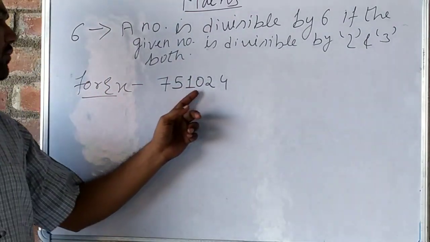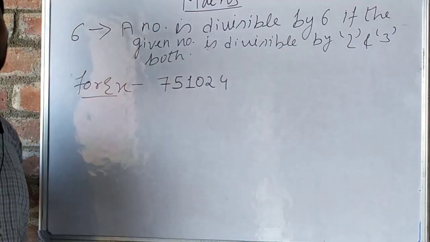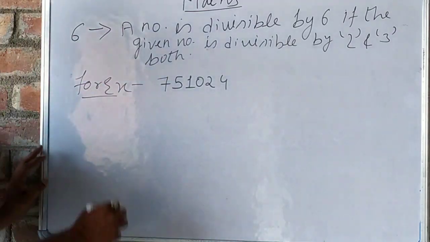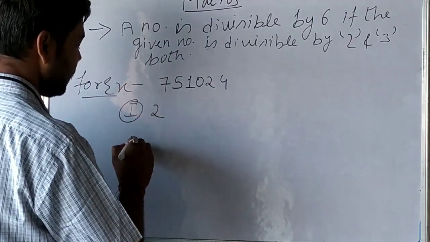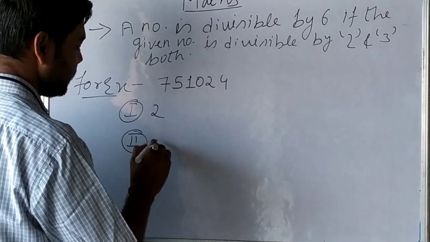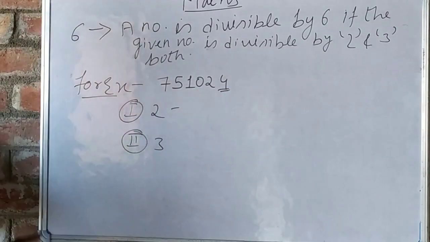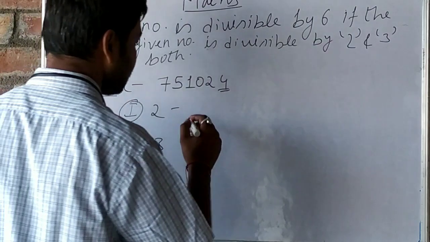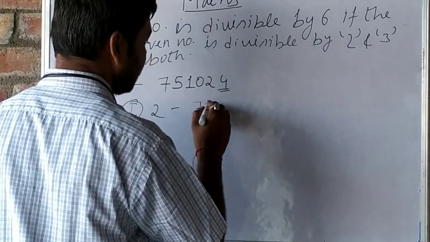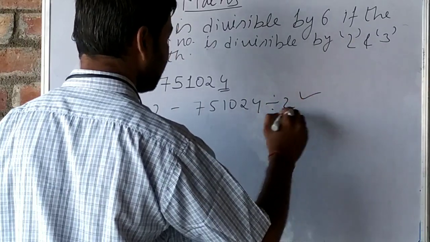Understand? 751,024. Now we have to check whether the number is divisible by 6 or not. Again we will first check the divisibility of 2 and the divisibility of 3. So here what do we have? In the last place, that means the unit digit, we have an even number. So we can say that it is divisible by 2.